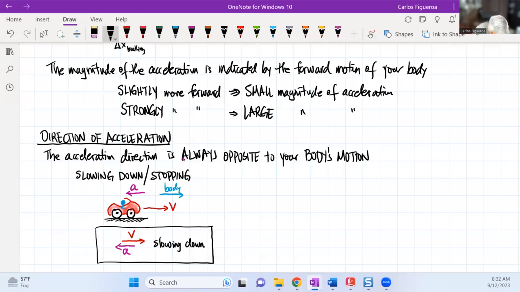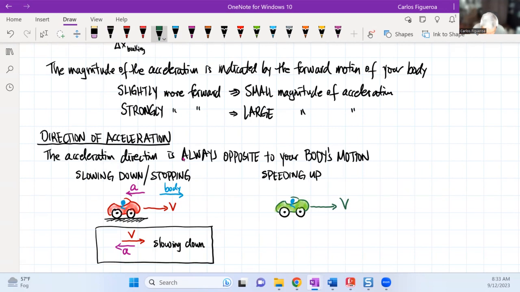On the other hand, if I'm speeding up, what do I see here? Well, if I look at my car again, what does the person feel? In this case, the car is still moving in the forward direction, just like before.